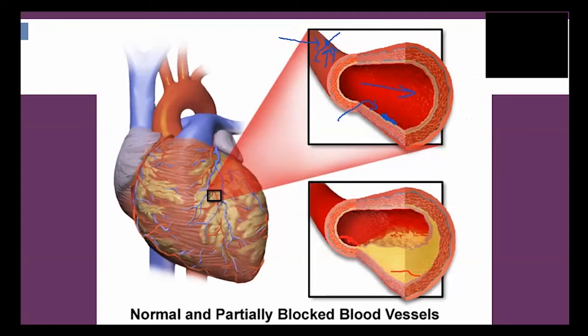But right now the lipids are touching the blood vessels here and making the inside of the blood vessels not smooth. So what happens next? They will trigger your protective systems to try to fix it.